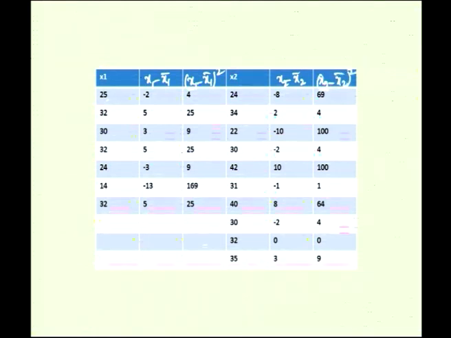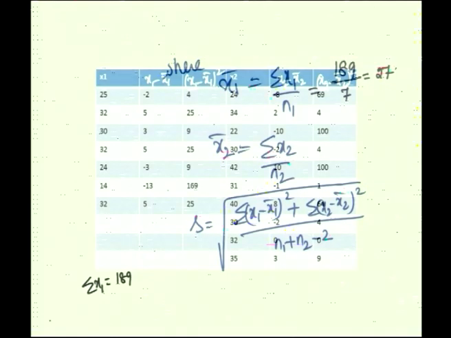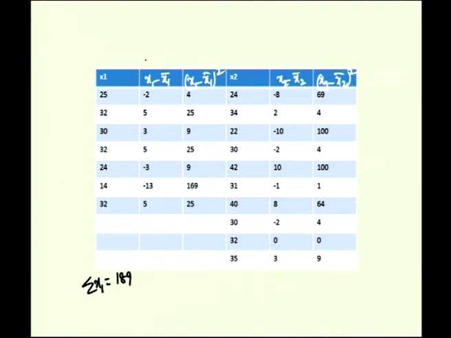So, x1 values are 25, 32, 30, 32, 25, 24, 14, 32. And what is summation x1? Summation x1 values is 189. Therefore, x1 bar will be 189 divided by 7, which is equal to 27.